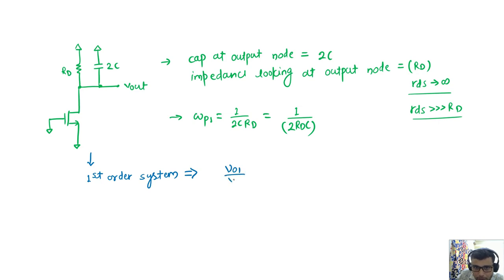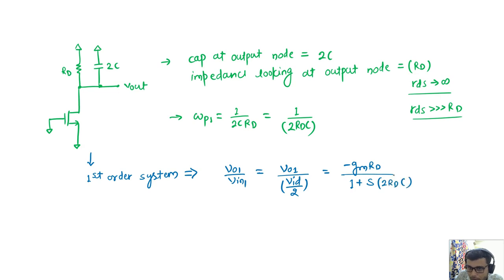V out 1 by V in 1, I can write V out 1 by VID by 2, it is equal to minus GMRD, which is my DC gain, divided by 1 plus S 2RDC. Okay, so this is the transfer function single sided.